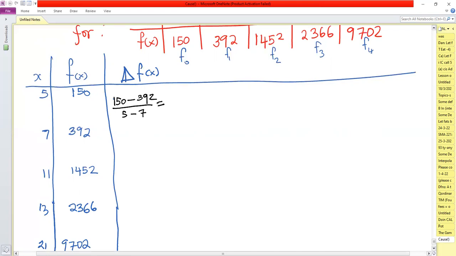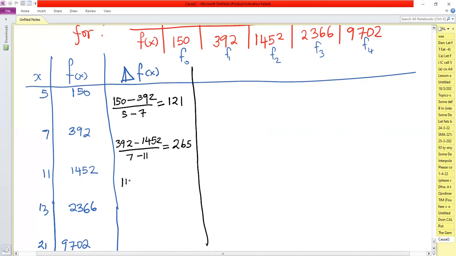And once you work out the difference and divide, you will get 121. This other space will be 392 minus 1452 divided by 7 minus 11. And when you work this out, you get 265.